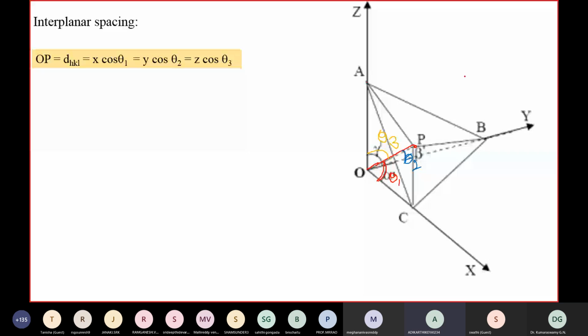Sir, all the three angles POB, POC, POA are 90, no, sir? Angles at P with respect to X, Y, Z all are 90 degrees. Okay, sir.